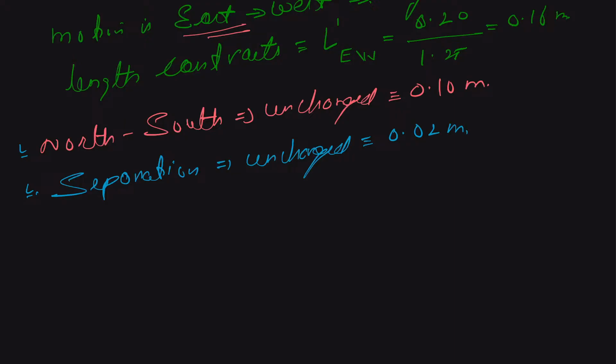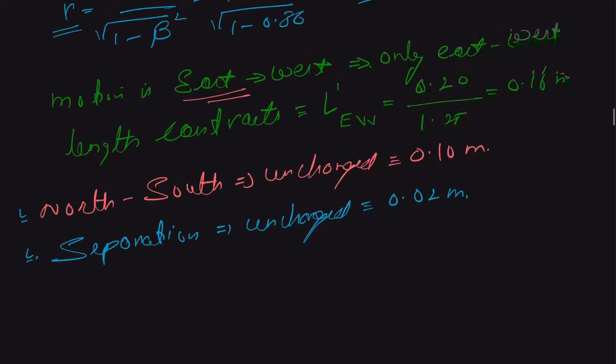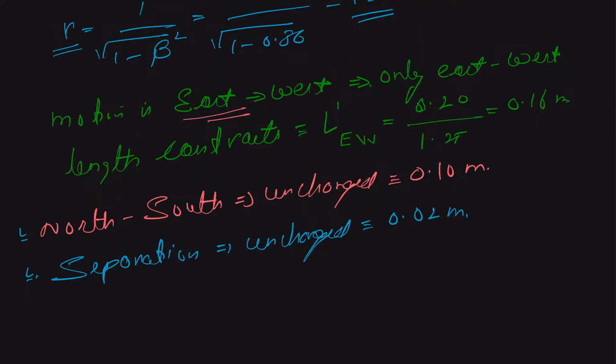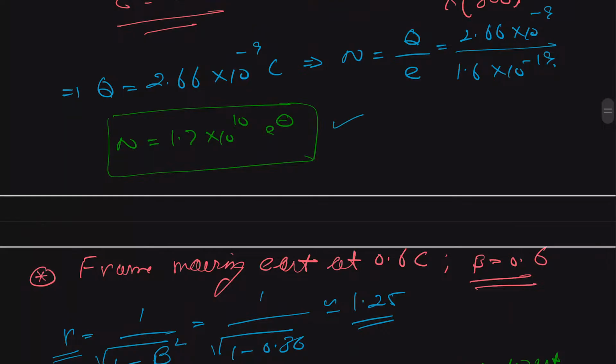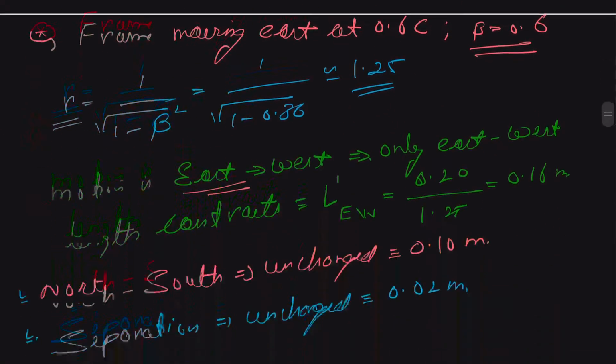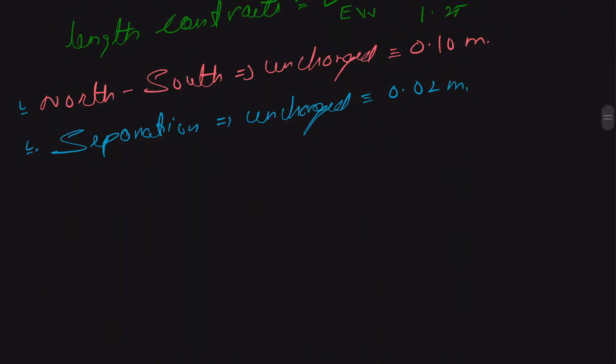And we know that electric charge is independent of this Lorentz factor, that's gamma. Therefore, the number of excess electrons will also remain unchanged. So the number of excess electrons before and after this motion will be the same. That is not going to change.